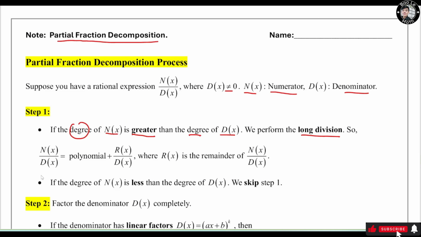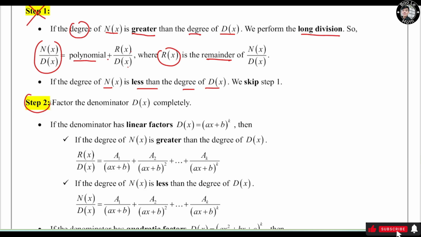Suppose after you perform long division, N of s over D of s becomes a polynomial plus R of s over D of s, where R of s is the remainder of this long division. If the degree of N of s is less than the degree of D of s, we're going to skip this step.